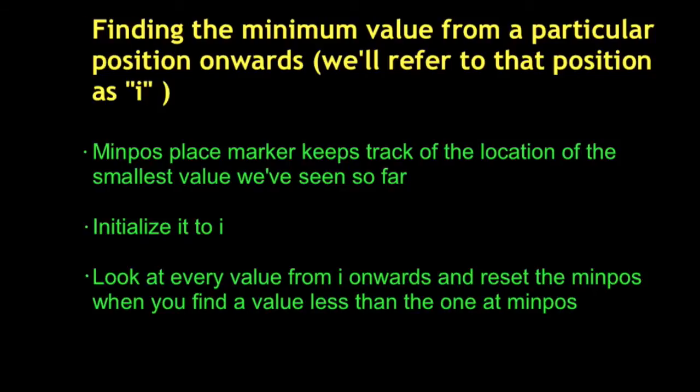We initialize min_pos to I, and then compare every value from I onwards to the value at the min_pos. Now, you don't need to compare the value at position I with the value at min_pos because they are the same, but we'll do it anyway because it makes the analysis a bit more clean, and in the end we get the same result.